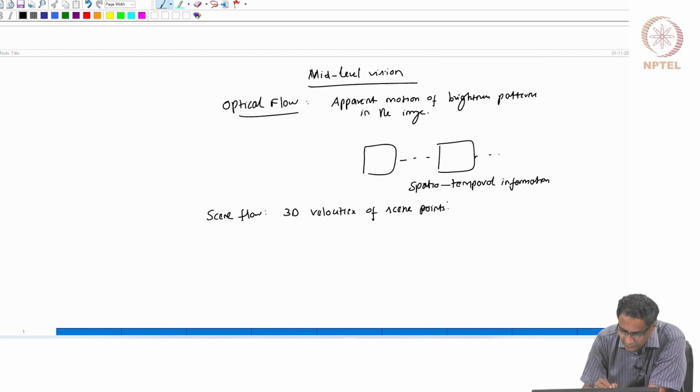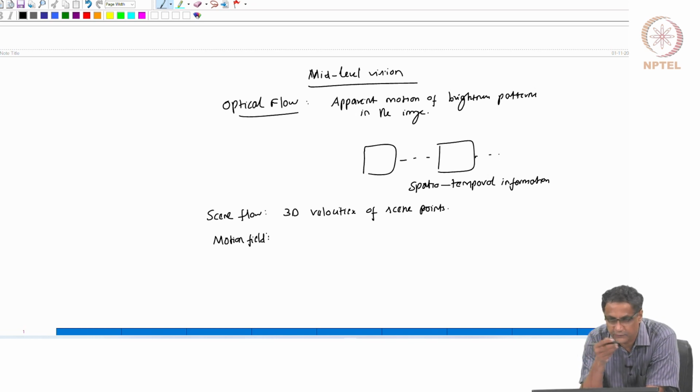Then from the scene flow, when a camera is imaging through a perspective projection equation, what you get is a motion field. This is what gets transferred to the camera, because we can calculate where the XY coordinates are, and as the object is moving, you get a motion field, which is like saying where the XY points are going.